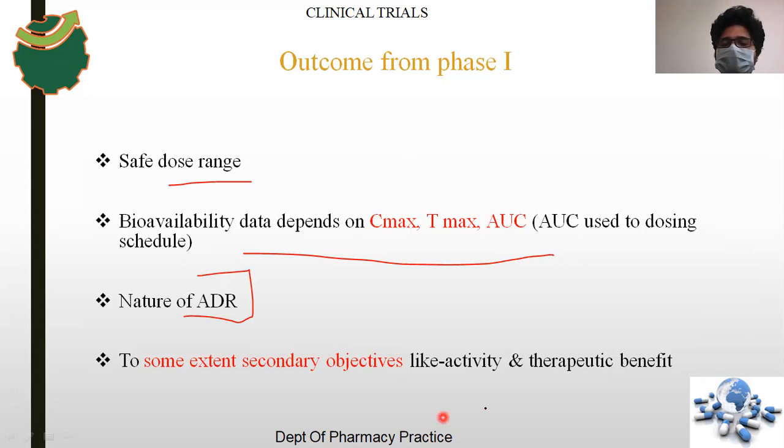Next, to some extent we'll be getting the activity, the secondary objectives. Like your phase two objectives are to see the activity and therapeutic benefits, right? So that is not our primary objective in phase one. But whenever we are giving a certain dose ranging from 500 to 1000 mg of paracetamol, obviously the fever might be reduced or certain changes. So those kinds of things will be seen at a minimum level in phase one, right?